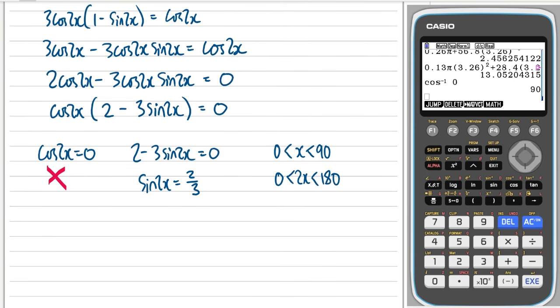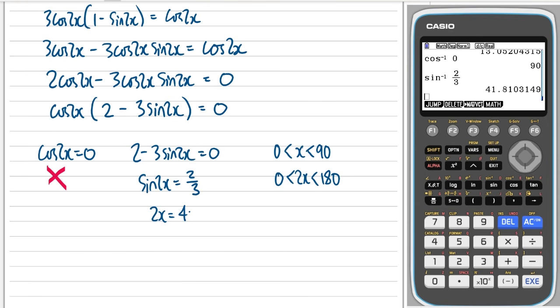So let's look at this other solution here. So sine to the minus 1 of 2/3 gives us 41.8. So we get 2x equals 41.8. And then to find the second solution for sine, we do 180 minus the first.